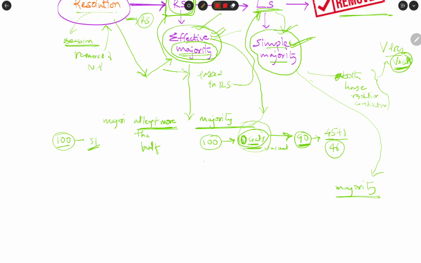How do they calculate simple majority? They count the members who are present in the meeting, present in the session. When the house assembles, for example the Lok Sabha, it is not usual that every member would be present in the session.